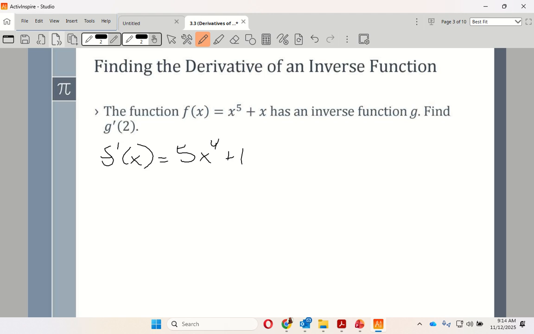So could I go through and try and figure out what x is? Can we do it? Yes, we can. So I could say that 2 is equal to x to the 5th plus x. 2 is equal to x quantity, x to the 4th plus 1.